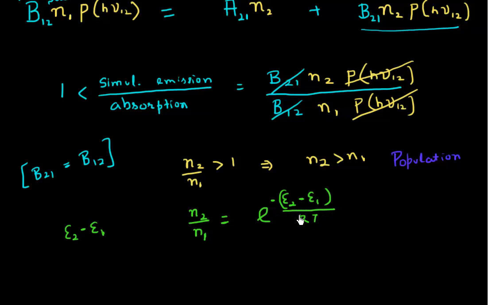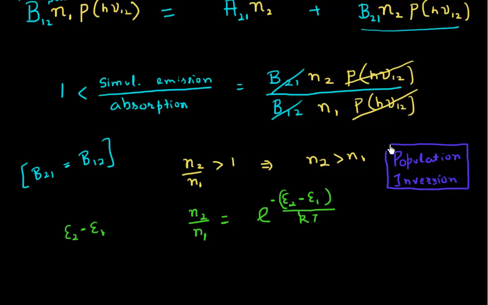So usually you would expect the number of electrons in the higher energy level to be much smaller than the number in the lower energy level. But for what Einstein suggested, for simulated emission to dominate, the reverse should be true, and this is called population inversion.